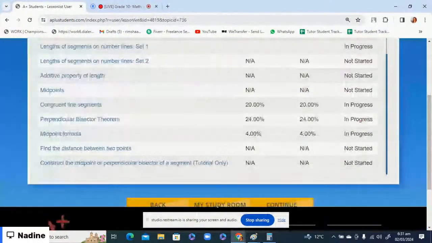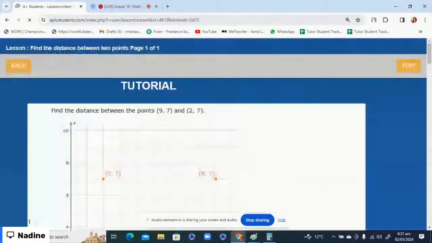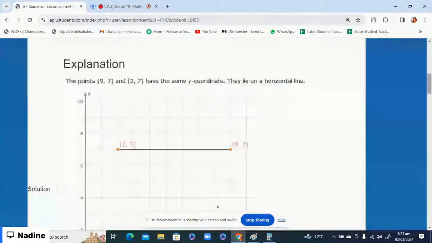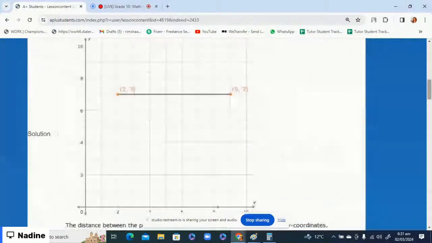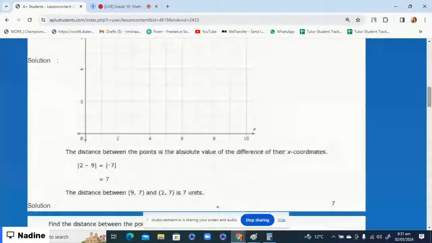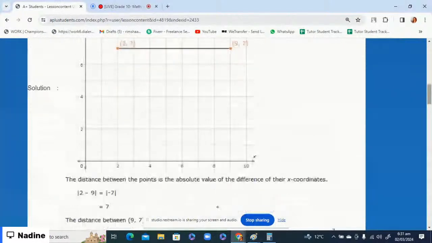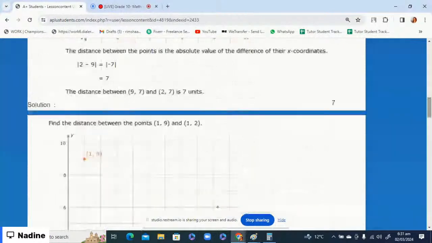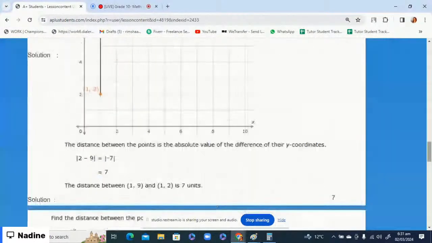Now we're going to find the distance between the 2 points. Here are the 2 points, okay? And then we are basically finding the distance between them. So let's do this one.